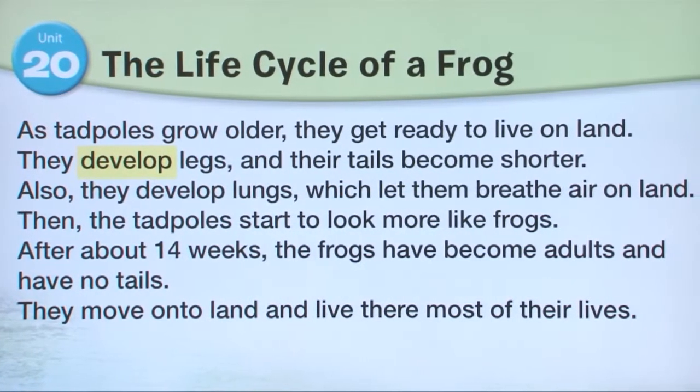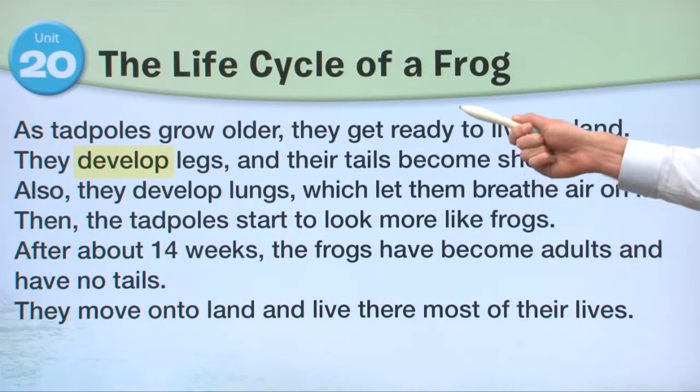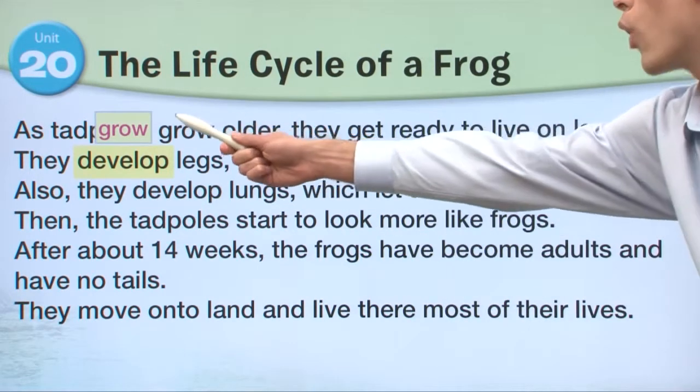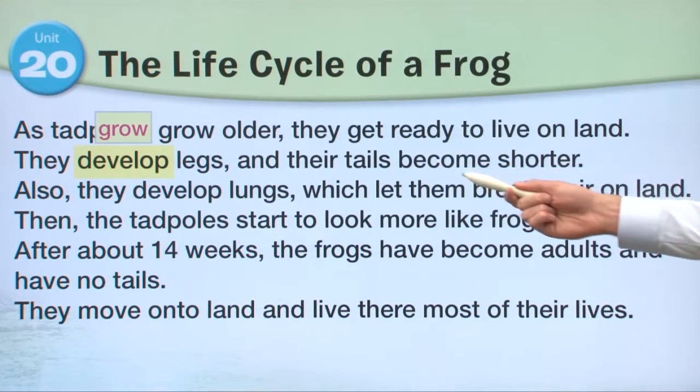Okay, as tadpoles grow older, as they get older, they get ready to, or they prepare to live on land. What's the first thing they start to do? Well, they start to develop or grow legs. While their legs develop, their tails also become shorter, right?